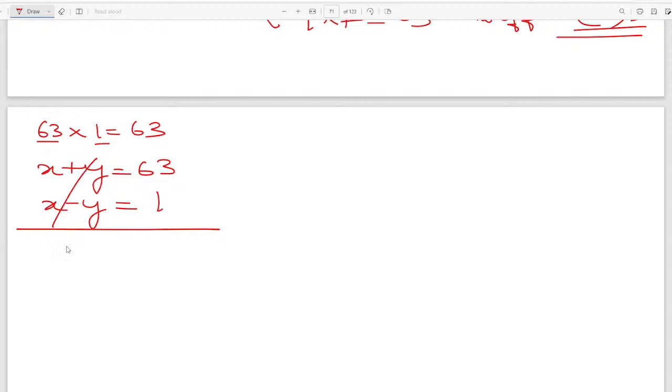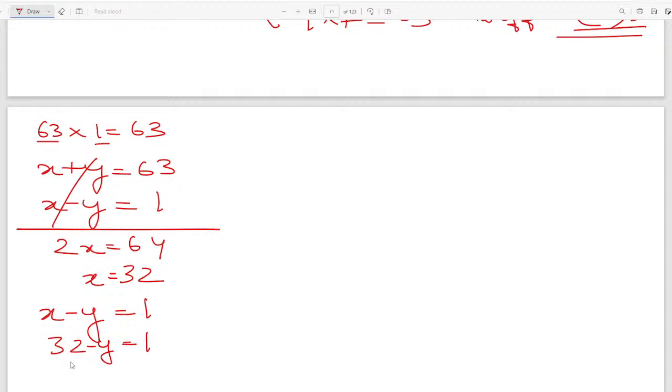So now if I add these, 2x is equal to 64, x is equal to 32. Then x minus y is equal to 1, 32 minus y is equal to 1, y is equal to 31. So here x is equal to 32, y is equal to 31.